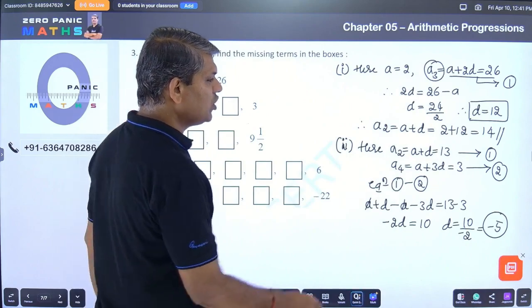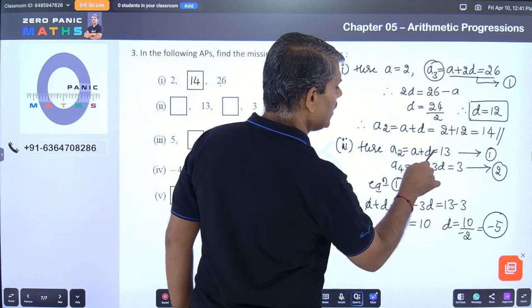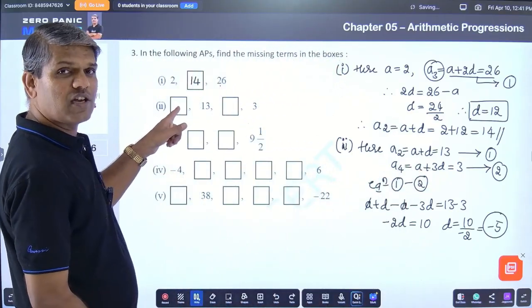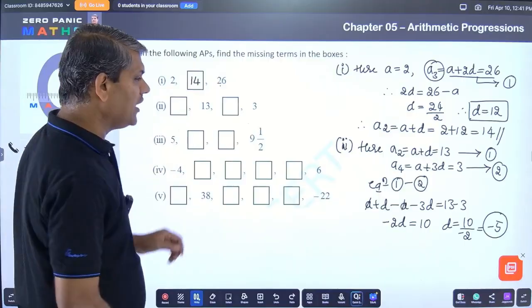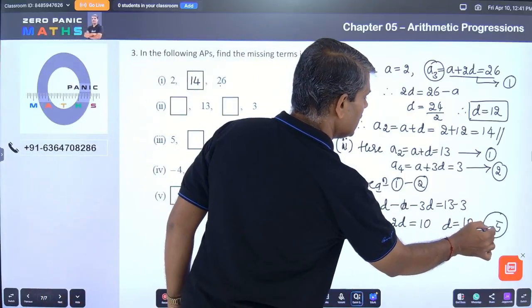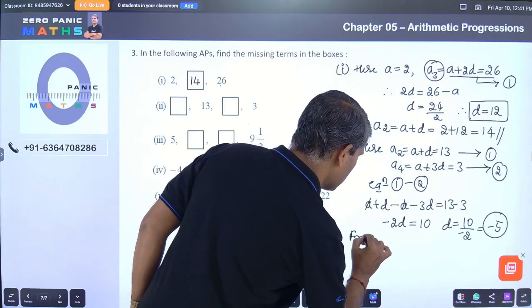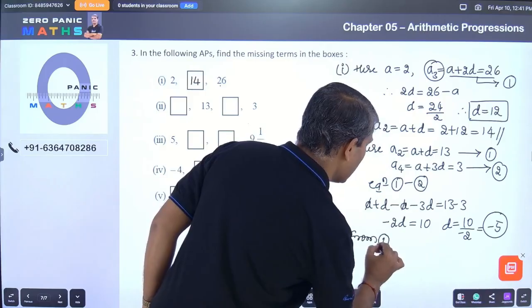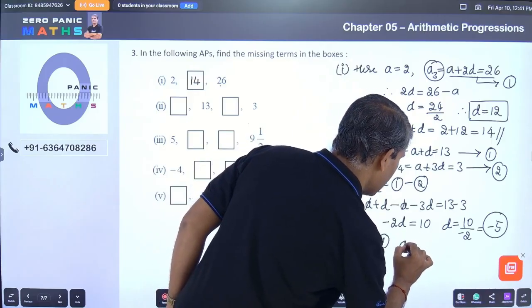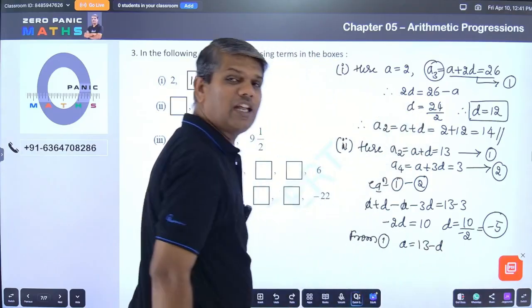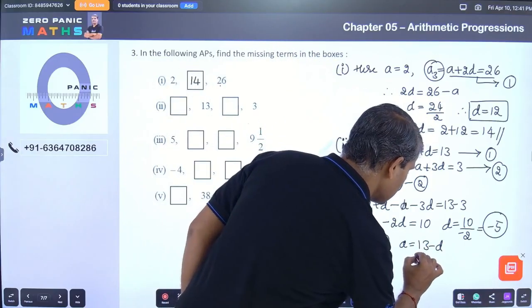Now if I substitute D is equal to minus 5 in equation 1, can I get the A value? That is actually the first term for me. So from equation 1 I can get the value of A as 13 minus D. And what is D?